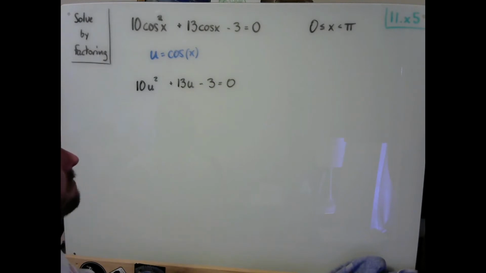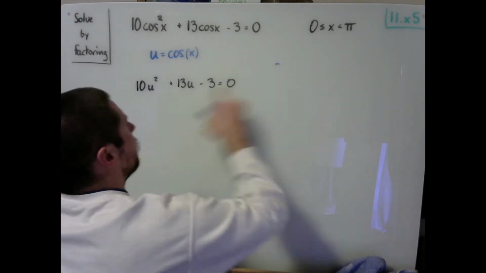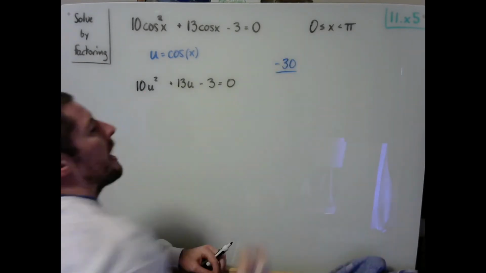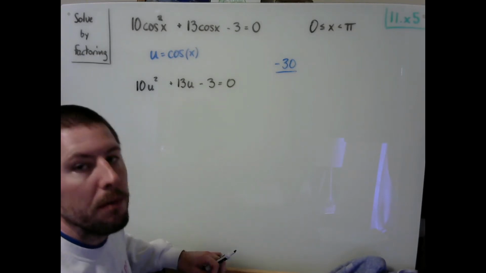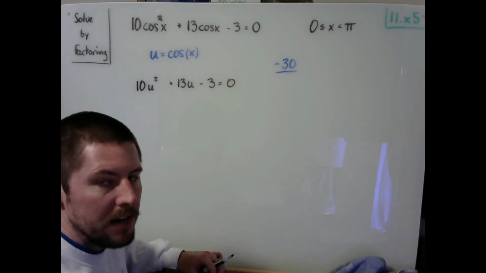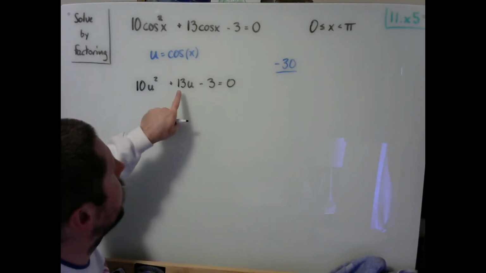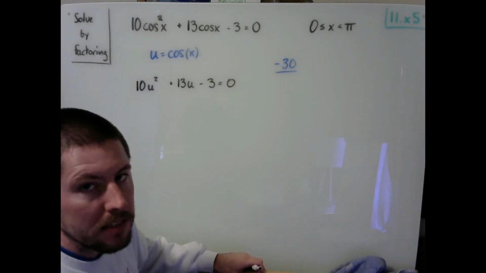What we learned in the last video is that to do our AC method factoring, we need to make a product pair list for A times C, which in this case is negative 30. What are all the ways that I could multiply two numbers to get negative 30? Well, if I'm multiplying two numbers and getting a negative, I know that one is positive and one is negative. If I'm adding those two numbers and getting positive 13, then I know that the larger of the two numbers is positive.